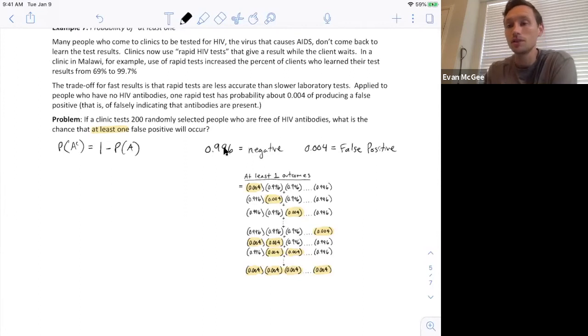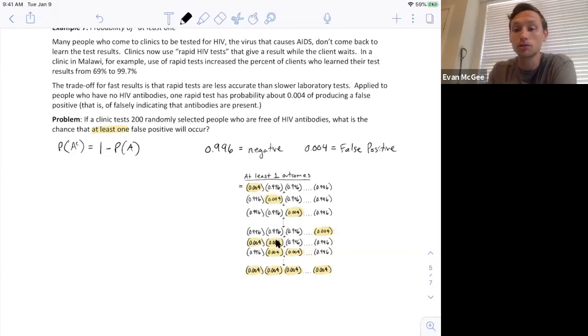So thinking about these 200 people, this statement here is showing the first person is the person who gets the false positive, and the remaining 199 do not. This is the second person, continued for the rest. This is the third. And there are so many different options just for exactly one, but we're not asking about exactly one. We're asking about at least one, which means it could be two.